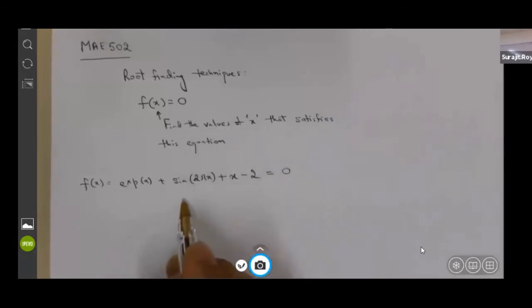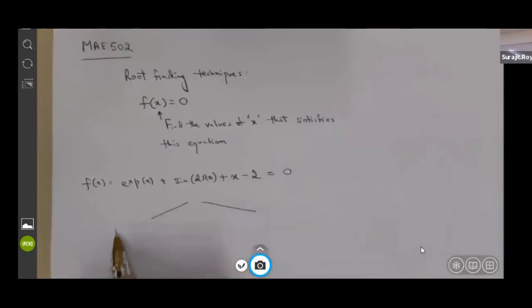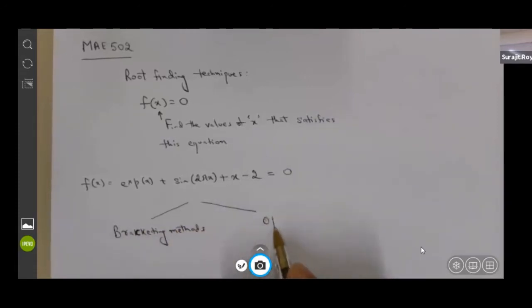And we saw that for root finding techniques, there are two types of techniques: bracketing methods and open methods. Bracketing methods are the methods that actually bracket the root.